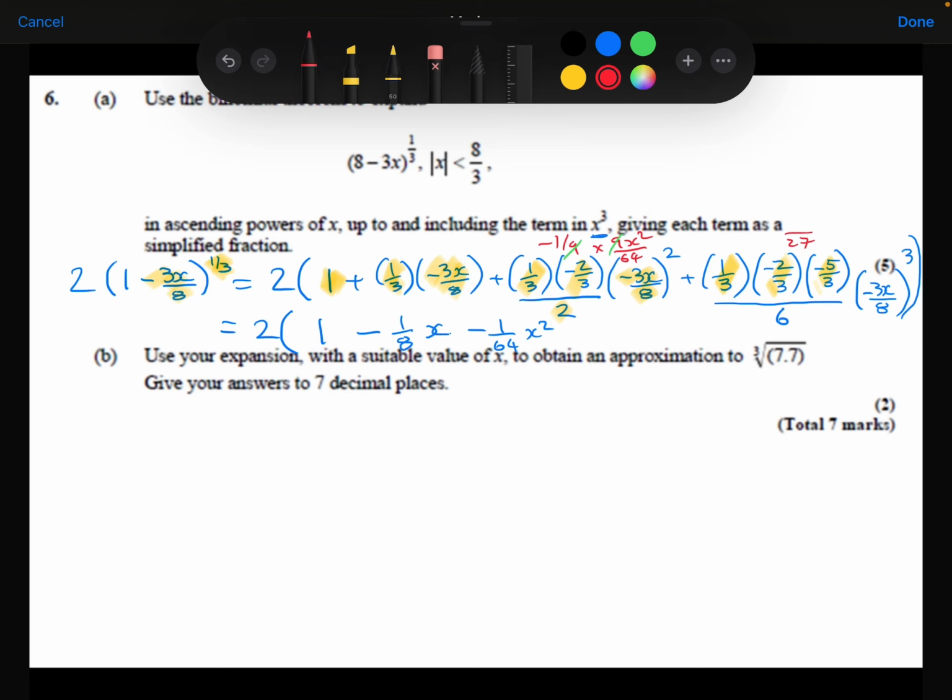Well, the two negatives will give us a positive, and the 1 times 2 times 5 will be 10. But then that's going to get divided by 6. So when I divide that by 6, I'll get 5 over 81.